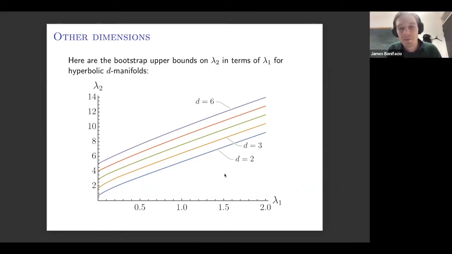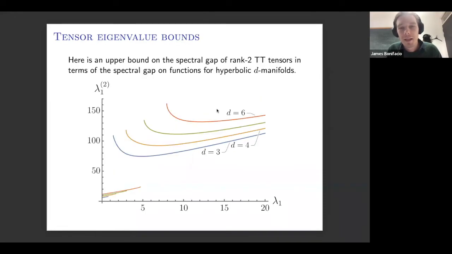So here's the version of this plot of the upper bound on lambda 2 in terms of lambda 1 for hyperbolic D manifolds for D equals 2 to 6. You can also find bounds on the spectral gap of transverse traceless tensors.